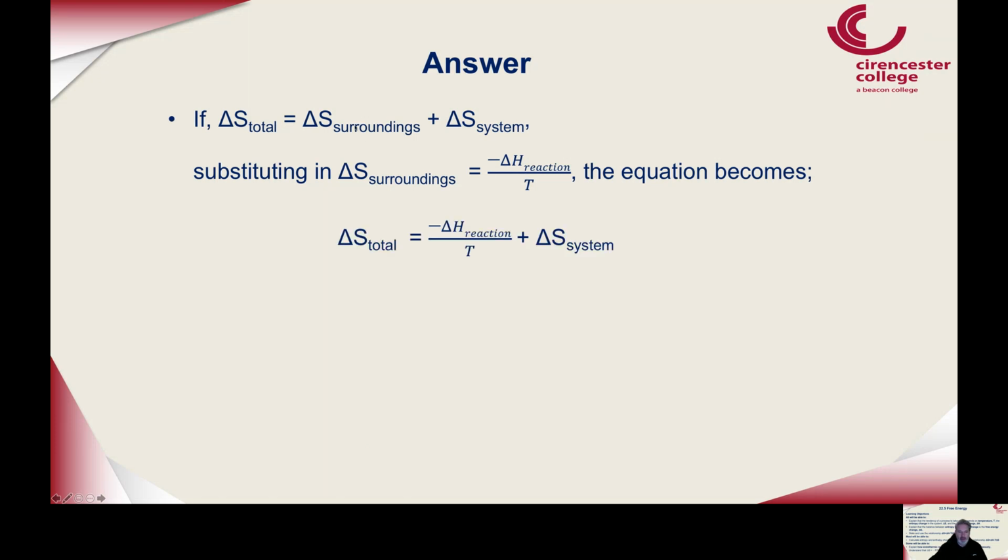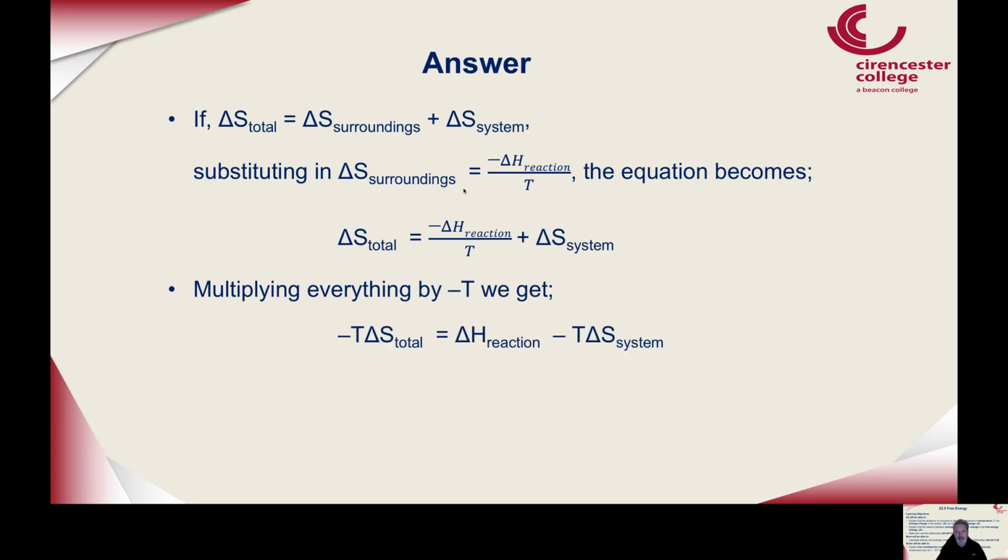Multiplying everything by minus T, we get minus T delta S total equals delta H reaction minus T delta S system. And we've already stated that we're now going to call this the free energy, the energy that is related to the temperature and the entropy.